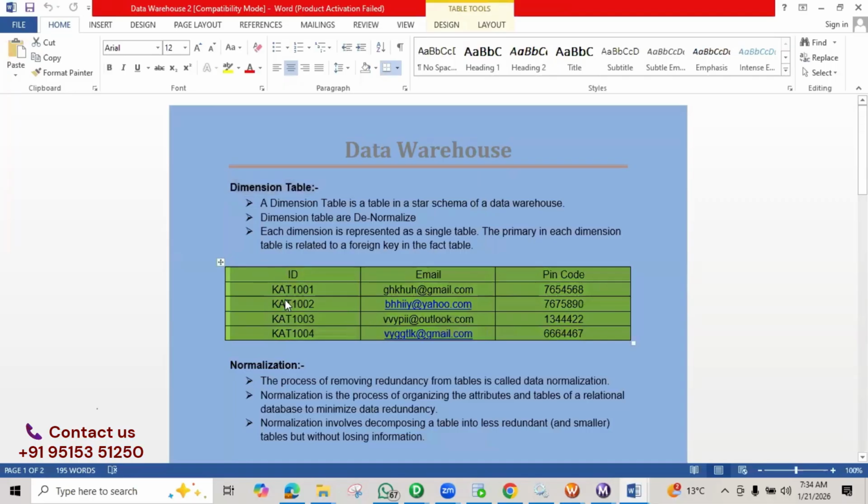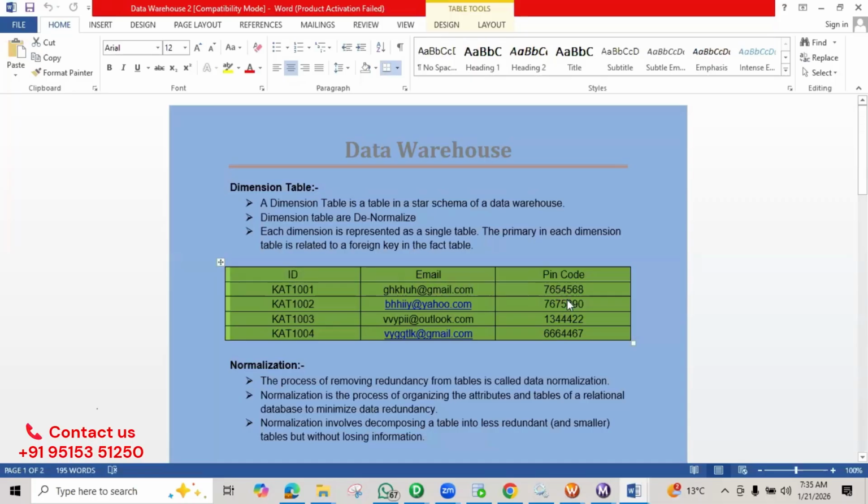It may contain alphanumeric values. It may contain character values with some special characters. Here you can see the beginning has character values, the at-the-rate symbol is a special character, and the dot is a special character.